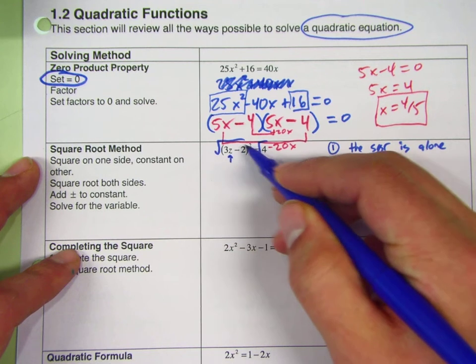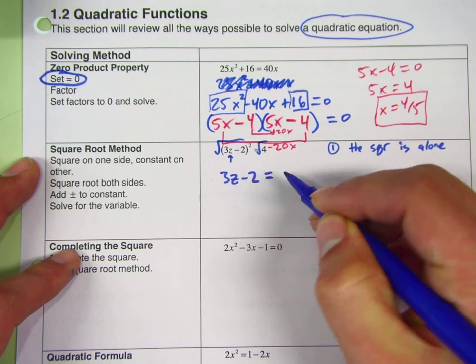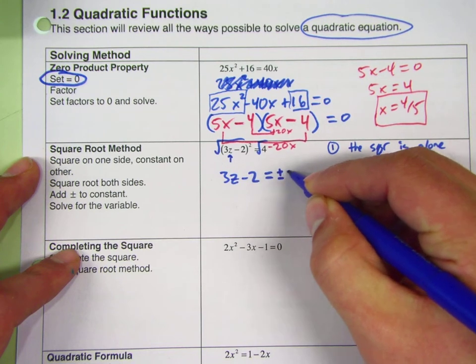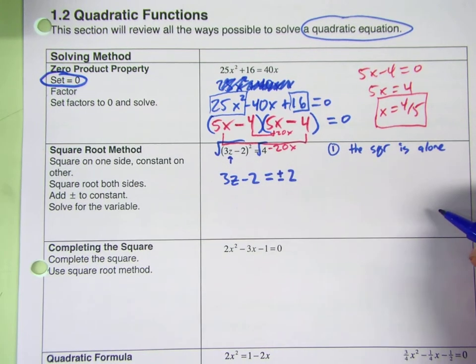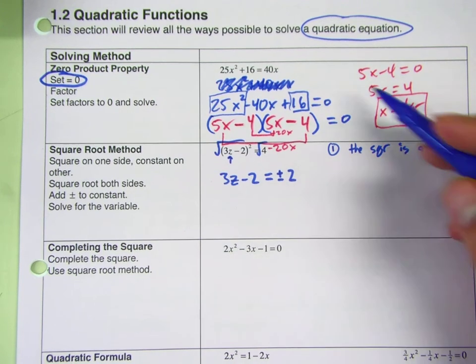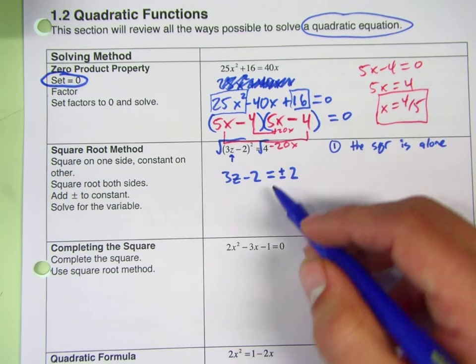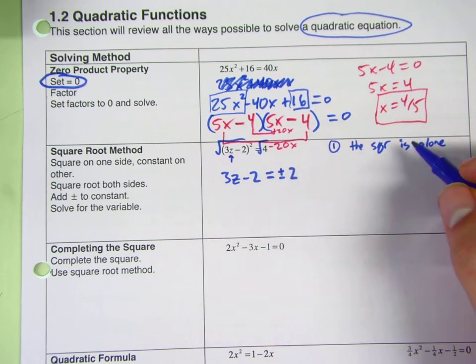The square and the square root cancel out, and you just get 3z minus 2. And now remember, when we square root both sides, we get plus or minus 2 on the right-hand side. You should always expect 2 answers, unless it's a problem like above where it's the same factor twice. But that's a good way to remember the plus or minus when we square root both sides.